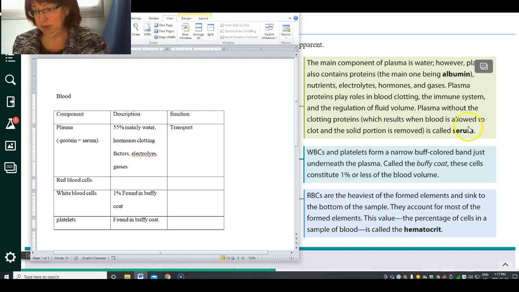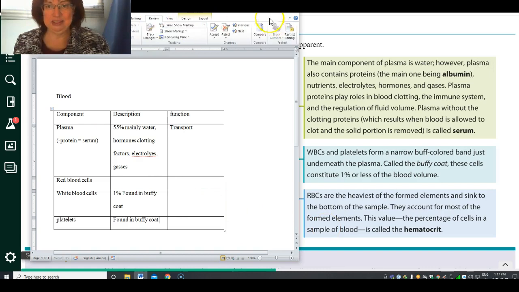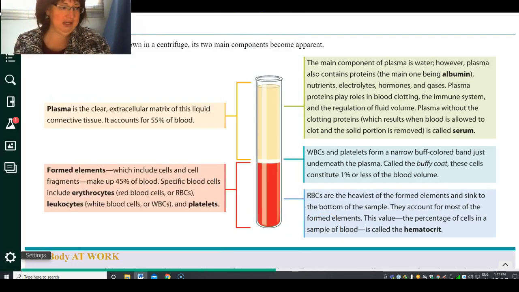Okay, good. So the red blood cells are the heaviest of the formed elements. They sink to the bottom and they take up, let's get the exact number here, 45%. So red blood cells are 45% of your blood. And let's also write down the scientific words. So red cells are erythrocytes.